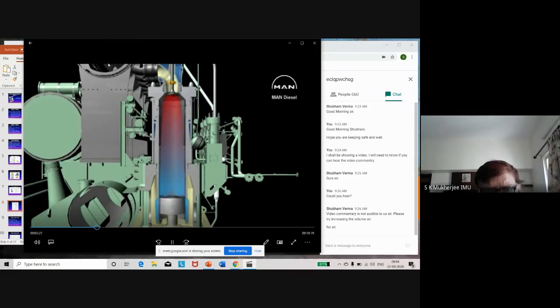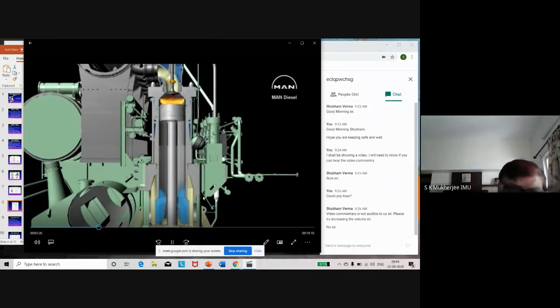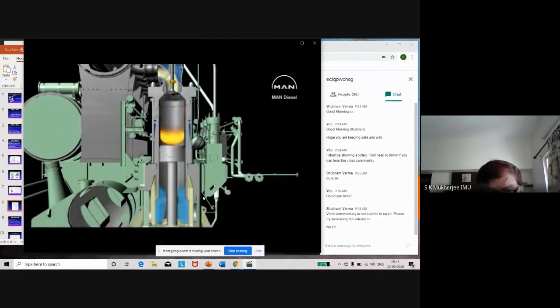This is the exhaust. Air is again compressed. See, that volume of air is compressed to a small volume. So you can imagine how dense that air is, and the fuel has to penetrate through the dense air.